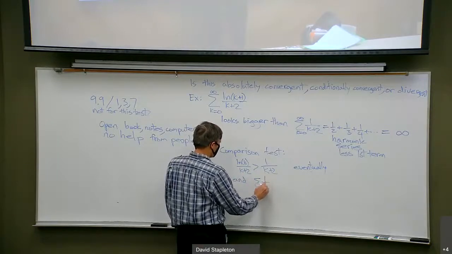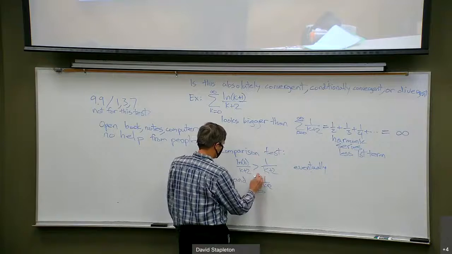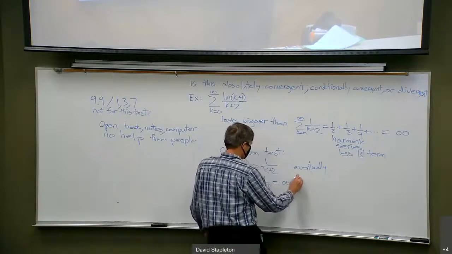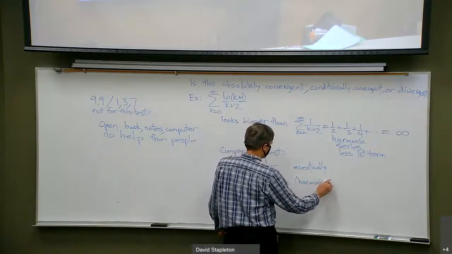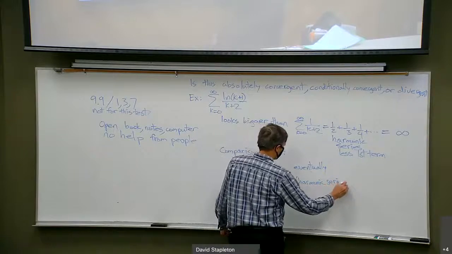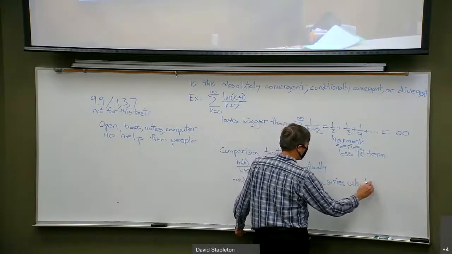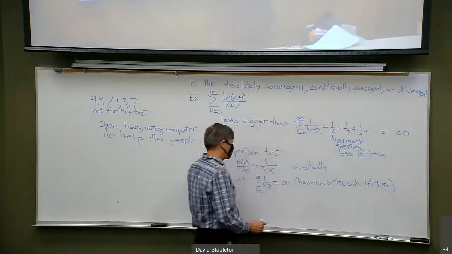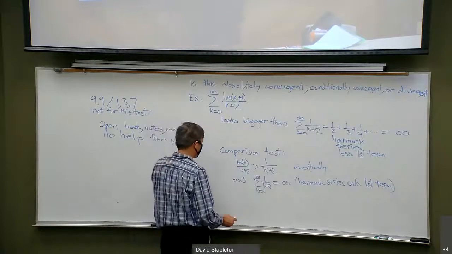The sum of 1 over k plus 2, k equals 0 to infinity, is infinity. It's the harmonic series without the first term. So it sums to infinity if the harmonic series does.